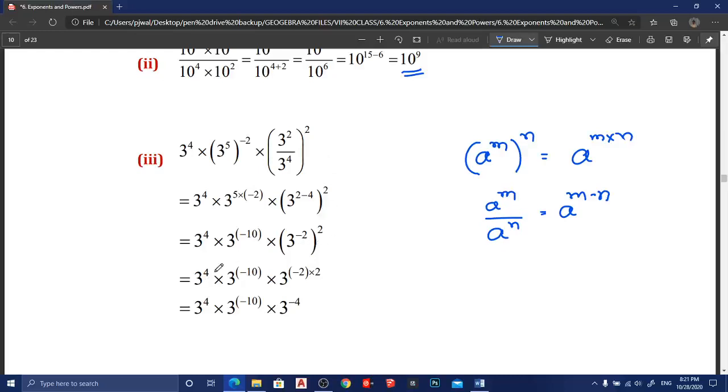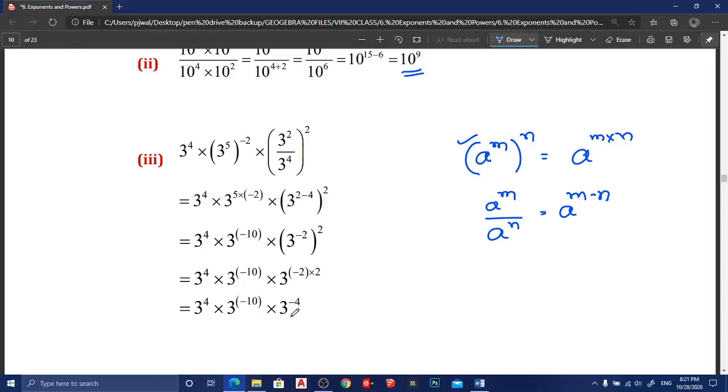So now 3 to the power of 4 into 3 to the power of minus 10 into, now again it is in the form of the first formula, a to the power of m whole to the power of n, power of power. So multiply the powers, m into n, minus 2 into 2 here. So now 3 to the power of 4 into 3 to the power of minus 10 into 3 to the power of minus 2 into 2 is minus 4. Okay.